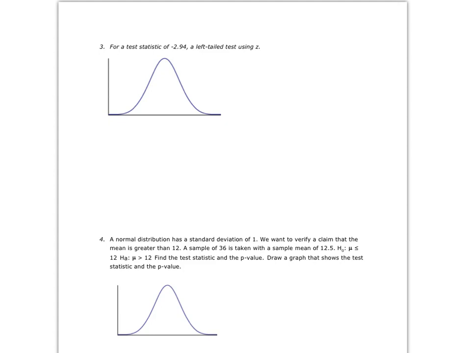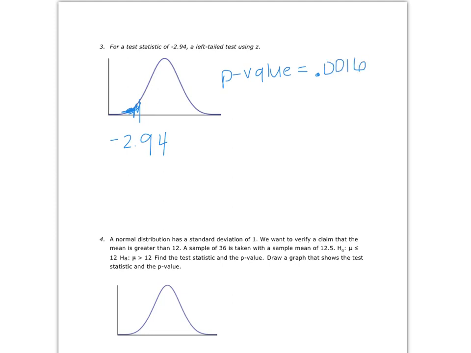Okay, one more example. Let's say we have a test statistic of negative 2.94, and we've got a left-tailed test. The p-value is that shaded area. Plugging that into the online normal calculator, the p-value is 0.0016.